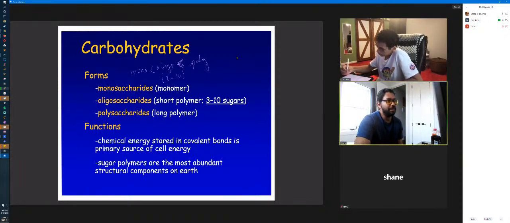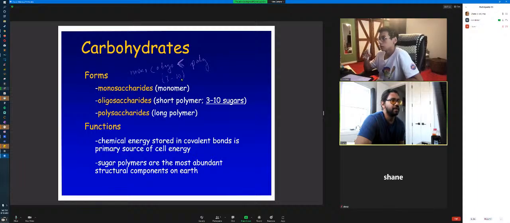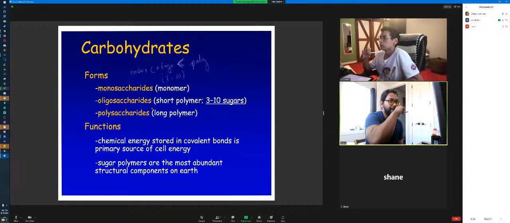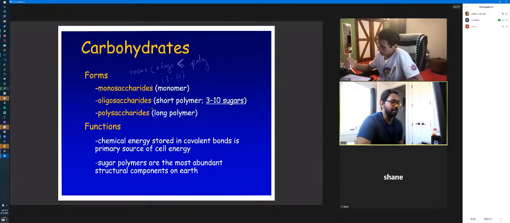Why is it better? It's better because if we know that oligosaccharides are 3 to 10, we know that mono must be less than 3, and poly must be greater than 10, right? So we don't have to write that extra stuff, like short, small, or long, because we'll be writing now. This type of shorthand is something I want you to start with as soon as possible.